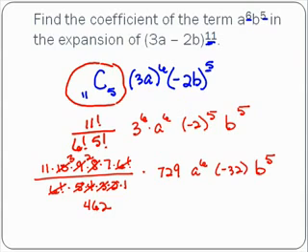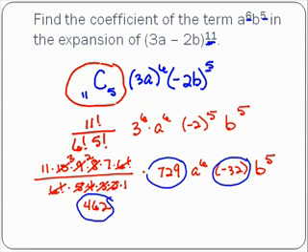So to get my whole coefficient then, I have to take 462 times 729 times negative 32. So we take all of those factors and put them all together. So times 729 times negative 32.